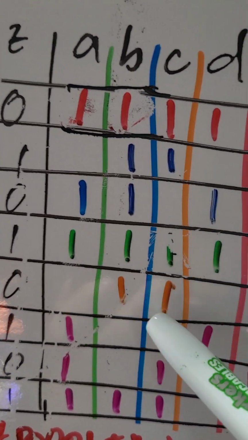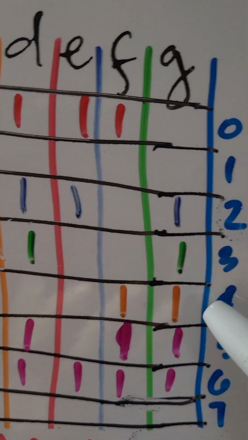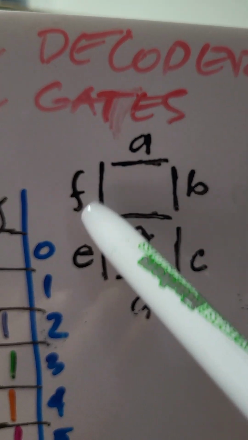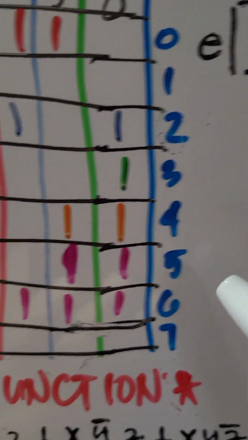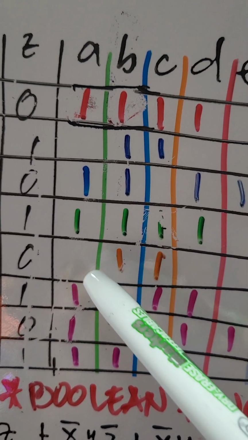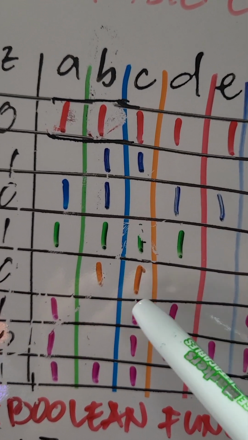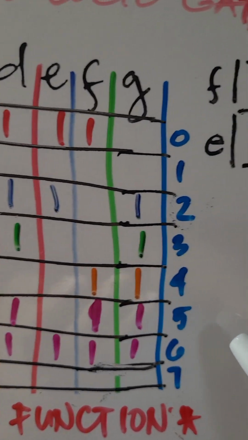So B is 1, C is 1, F is 1, G is 1. So 4. And number 5, 1, 0, 1. So A is 1, B is 1, C is 1, D is 1, F 1, G 1. So that's number 5.